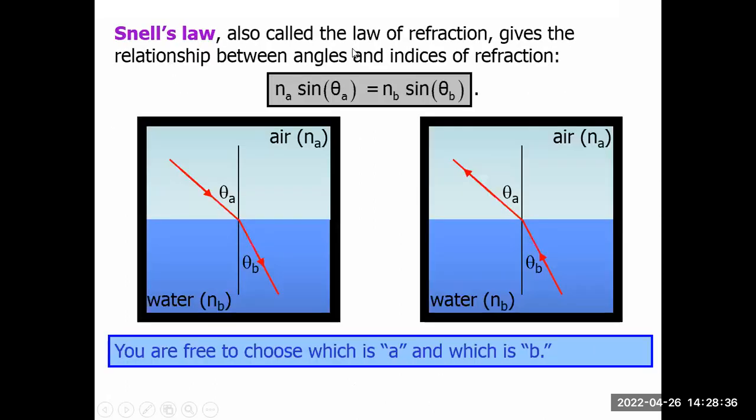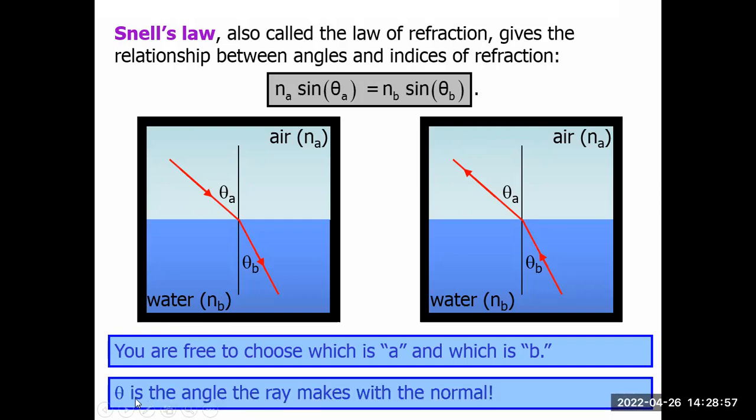Snell's law, also called the law of refraction, gives the relationship between the angles and the indices of refraction. You are free to choose which is A and which is B. Nasa inyo lang kung saan angle A or angle B. Angle is the angle the ray makes with the normal.